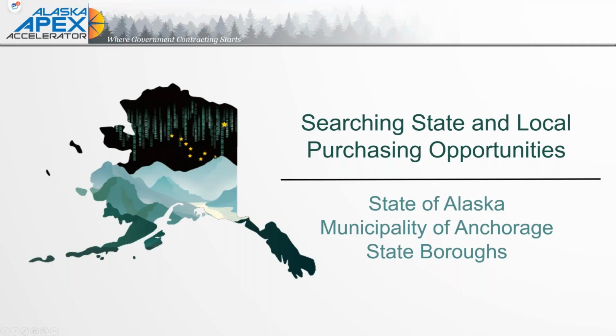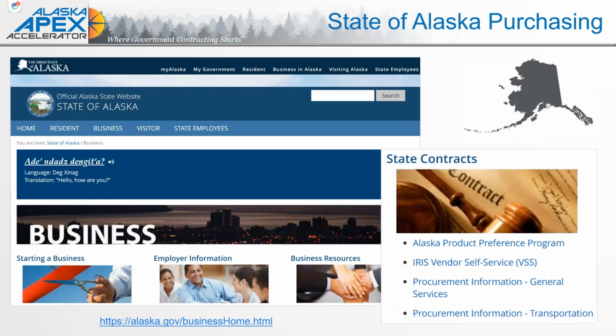So let's talk about that for Alaska, state of Alaska purchase. State of Alaska is pretty well set up via their website information. And you can start by simply going to alaska.gov, and on that home page, click on business. You can see the different categories. I don't have a screenshot of that homepage, but if you click on business, or you can go directly here, and it has everything from starting a business.